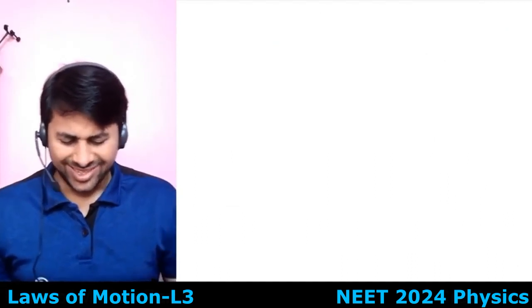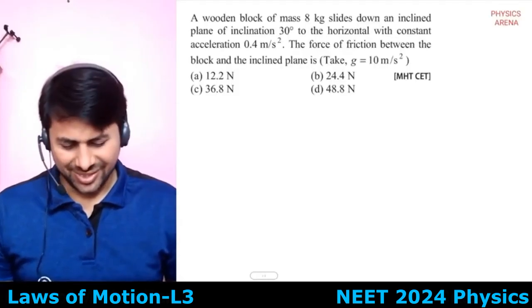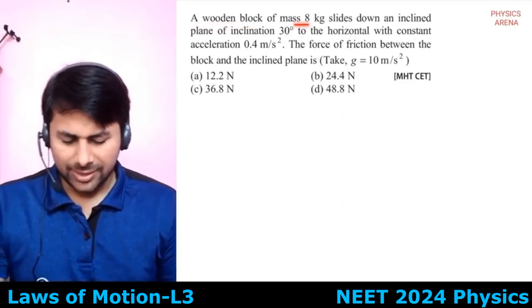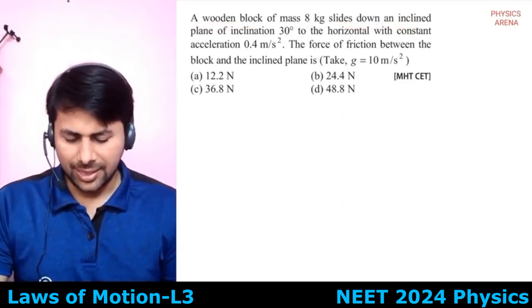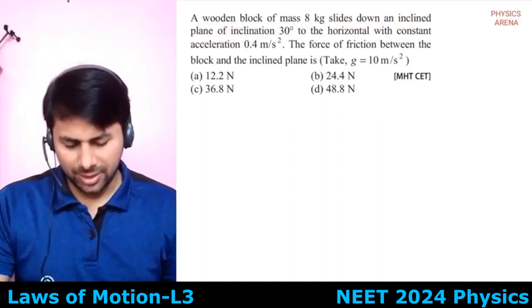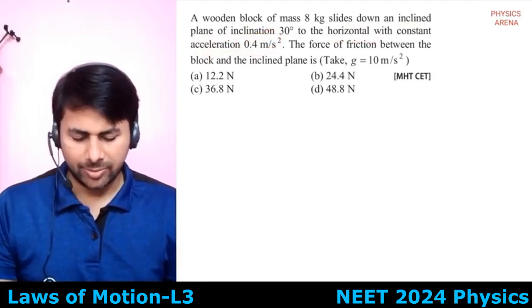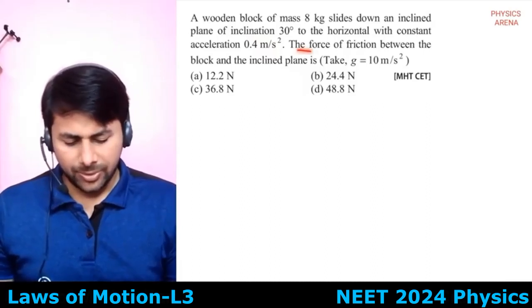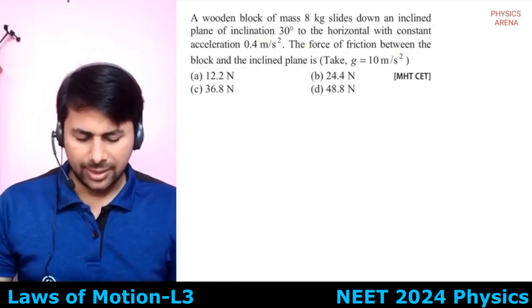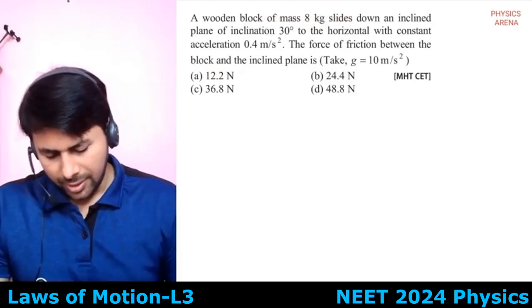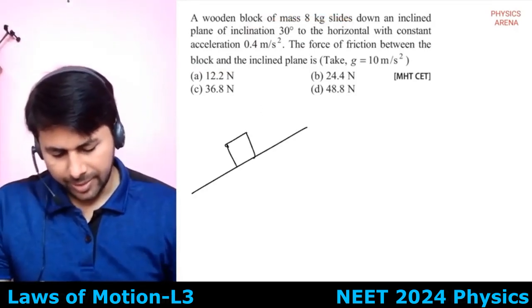We don't need extra page. Let's see next question. A wooden block of mass 8 kg slides down an inclined plane of inclination 30 degree to the horizontal with a constant acceleration 0.4 meters per second squared. The force of friction between the block and the inclined plane is, okay, block and inclined plane.